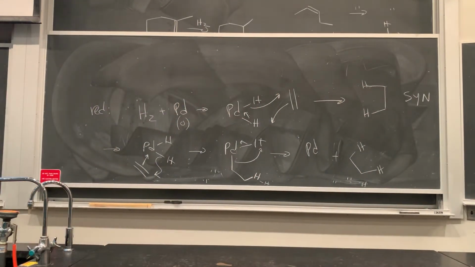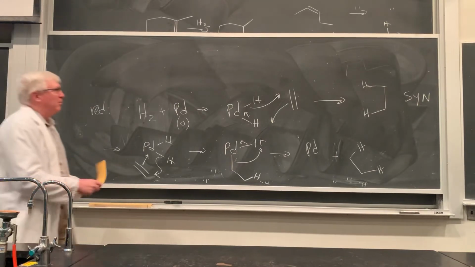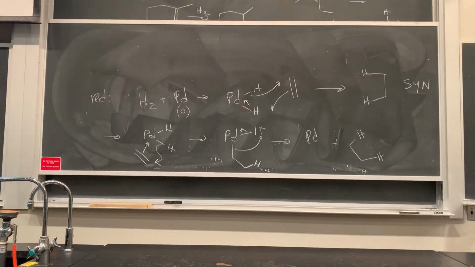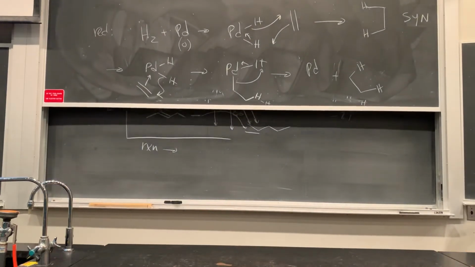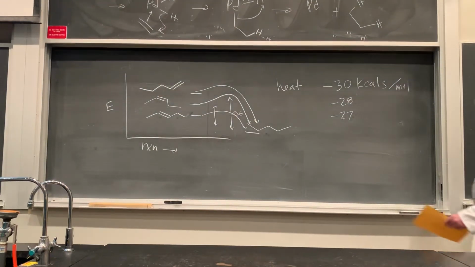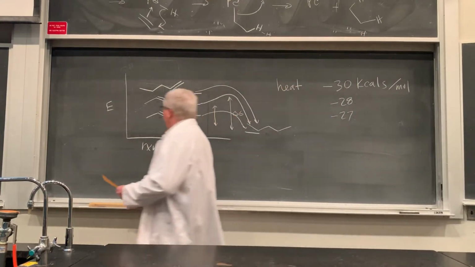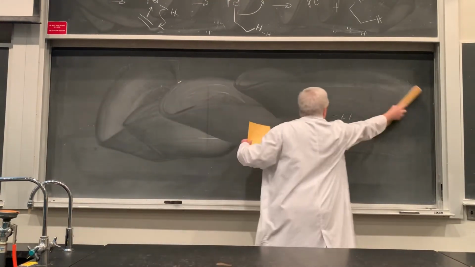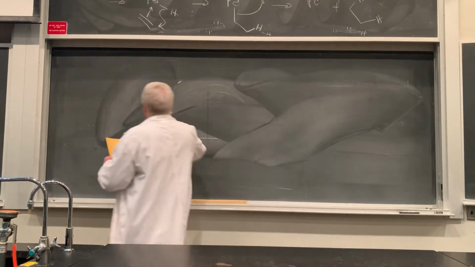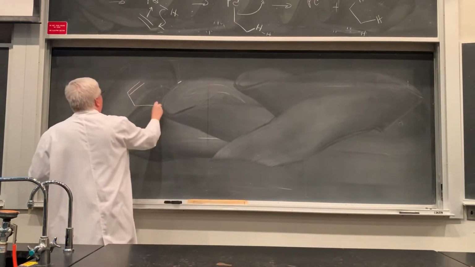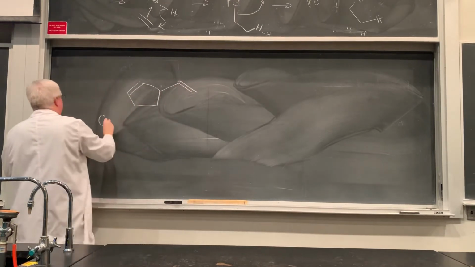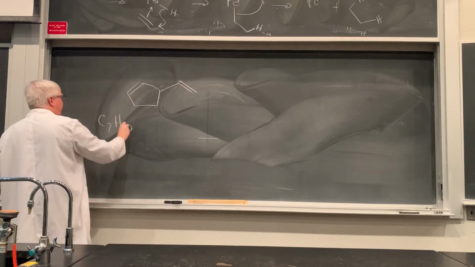Let's show you how we can use this reaction and what it's important for with hydrogenations in general. We have a compound here with a couple double bonds. Maybe we're not sure what the structure is, but we've got C7H10.